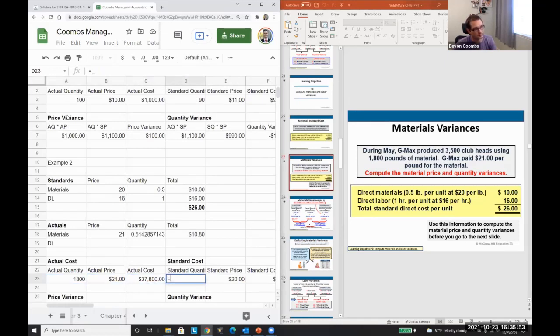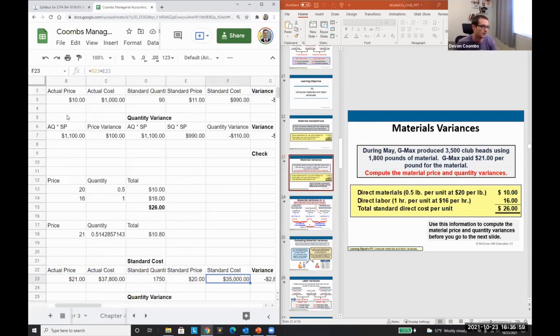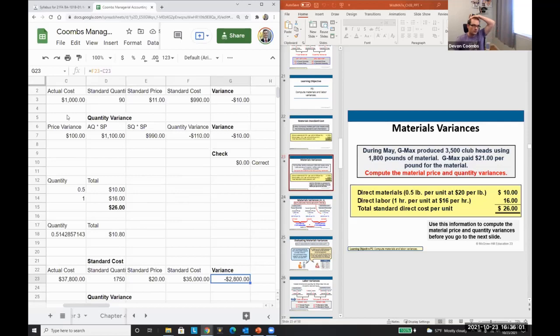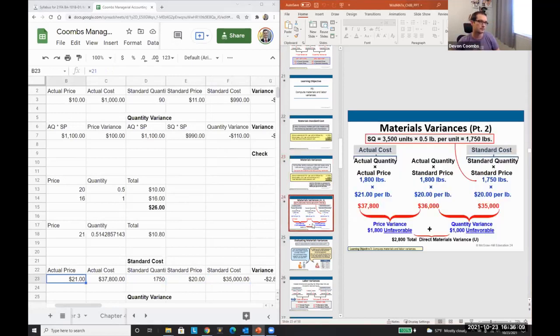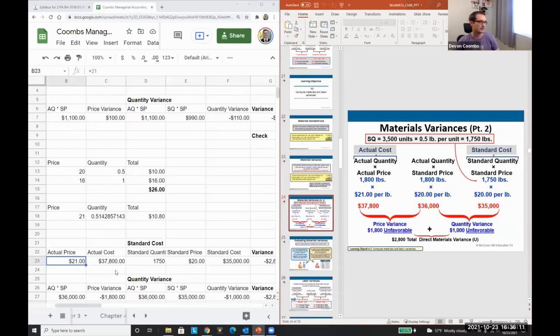So this would be 0.5 times 3,500 clubs, and our standard price would have been 20. So we have a negative $2,800 variance. We spent $2,800 more than we expected. That's this 37,800. Here's our actual quantity times our actual price. Here's our standard times our standard price.